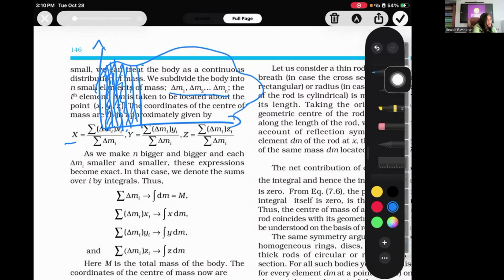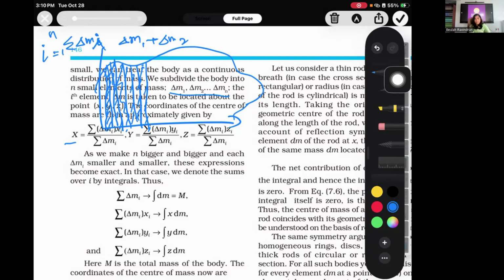Small elements, that is known as delta M. We are taking the mass into small elements until the cloud extends, and then you need to add all these things. So delta M1 plus delta M2 like that. You have to add, say for example, where i stands for 1 to n, summation over delta Mi.